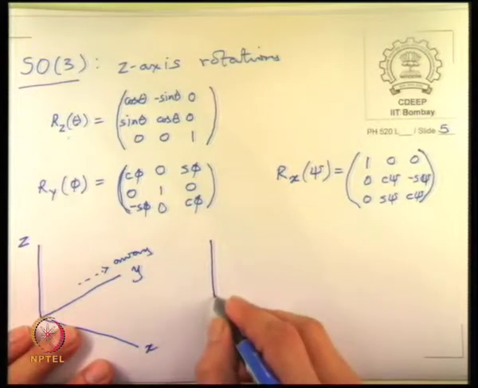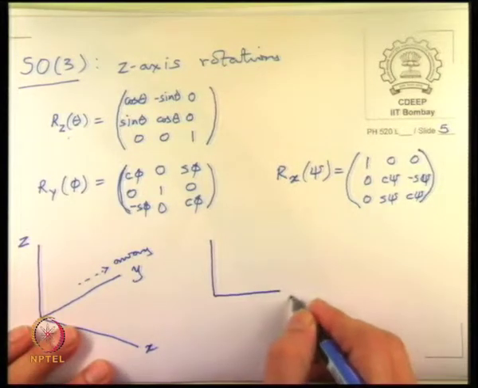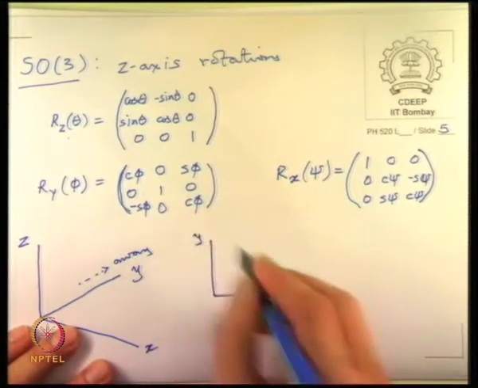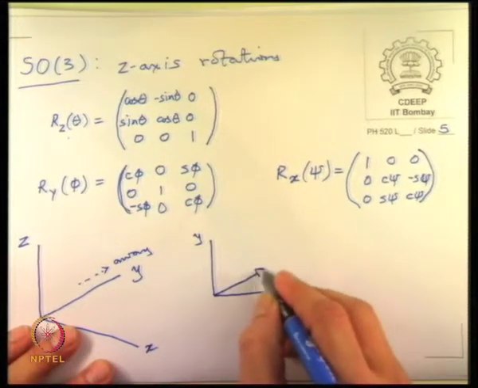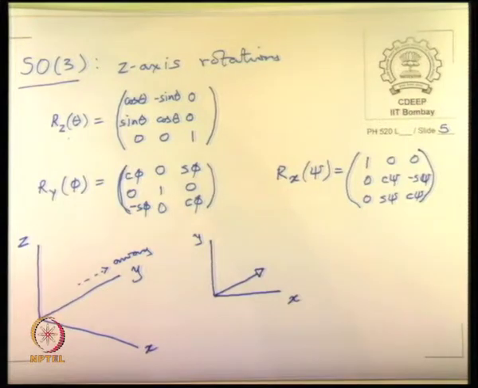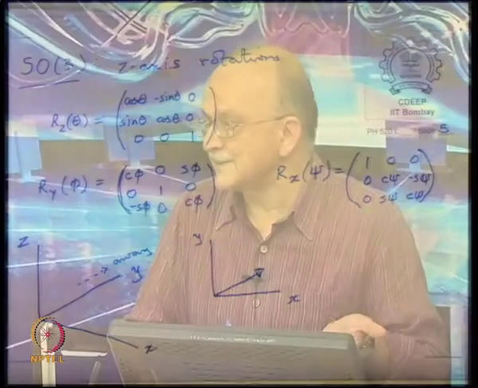So suppose we restrict to xy axis and take a genuine vector. So we rotate a vector, not the axis. The difference between so-called active rotations and passive rotations is whether you rotate the axis or you rotate the object.